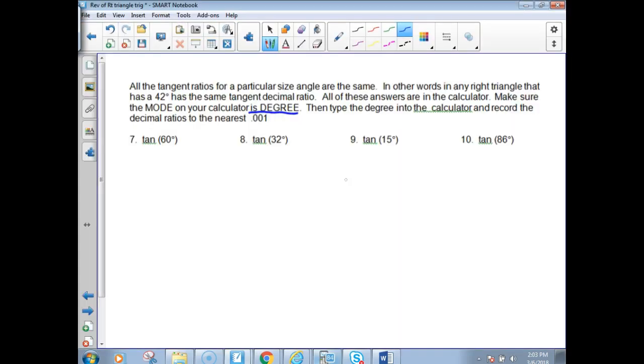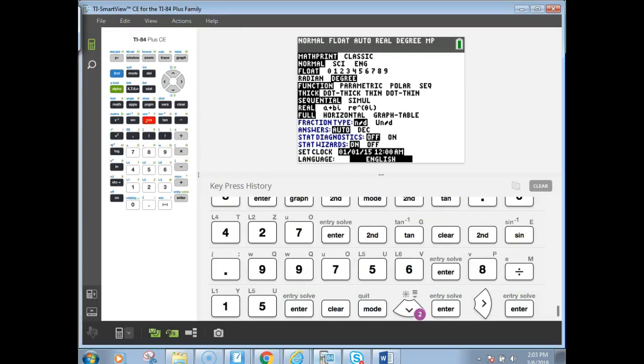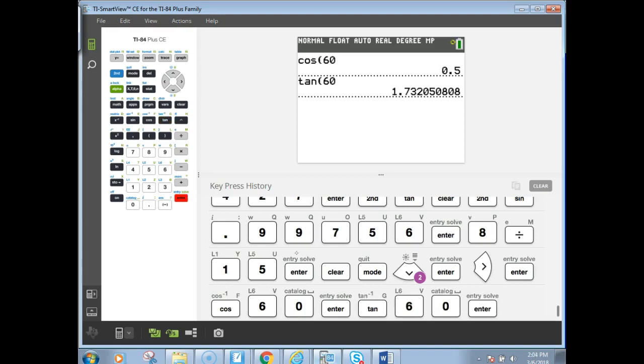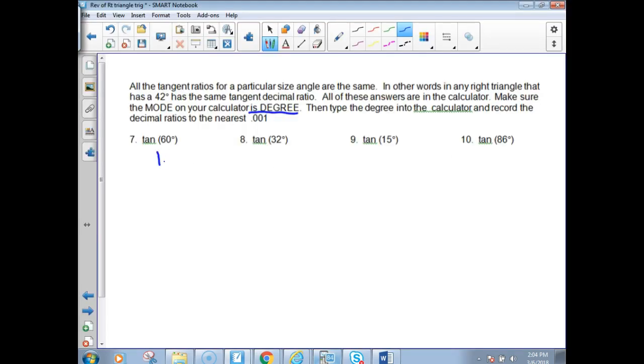Now we're going to type the tangent of 60 and we're going to go to three decimal places. So hit tan 60, and I will explain what they mean after we get all these. I accidentally hit cosine instead of tangent. All right, tan 60 is 1.732. Okay, keep going.